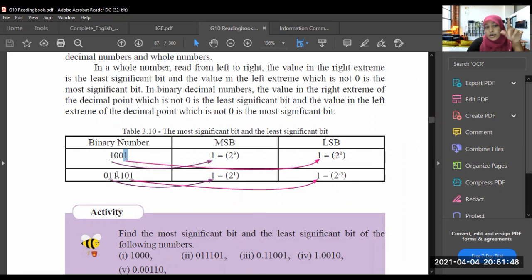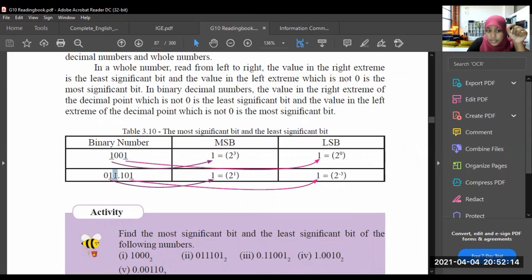0, we are not considering that. If at the extreme level, where the biggest number should be, there is a 0, we are not going for that. We omit it and we come here. So here the most significant bit is 1, so the value is 2 to the power 1. The least significant bit is 1 again, after the decimal point.